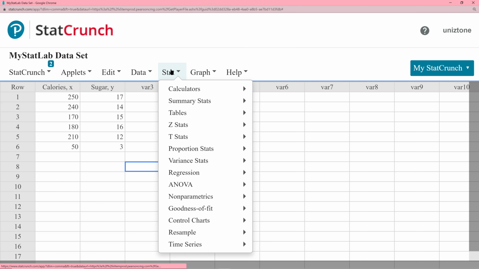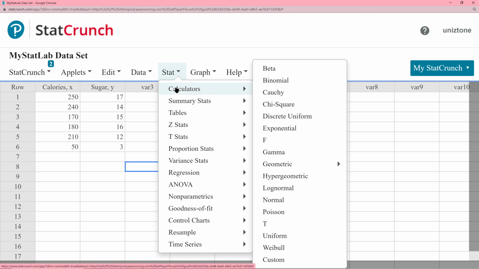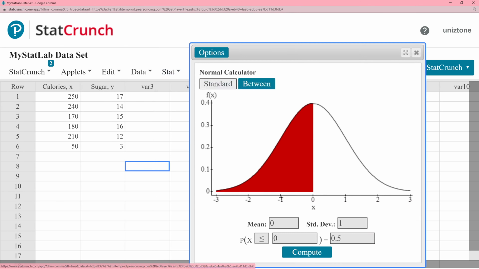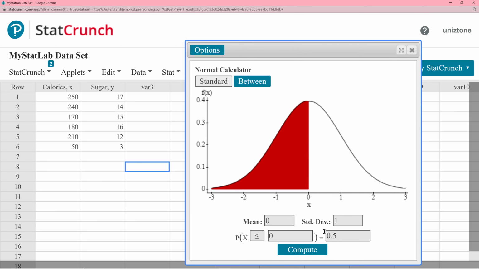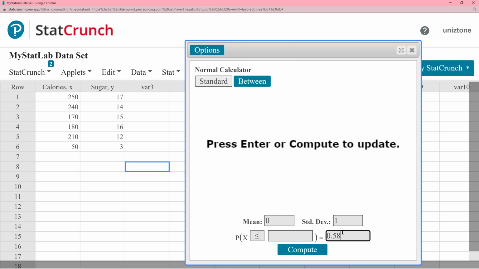So to get to StatCrunch, all right, and to use the inverse norm capabilities, we will have to go into calculator and then go over to normal. We're looking for the area left of 0.58, so I just put in 0.58.